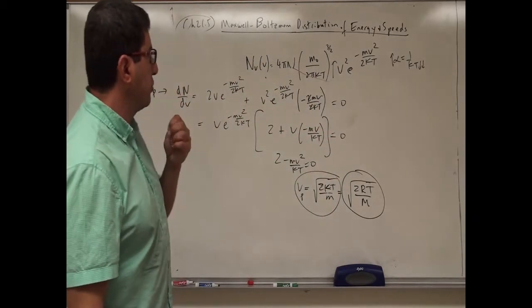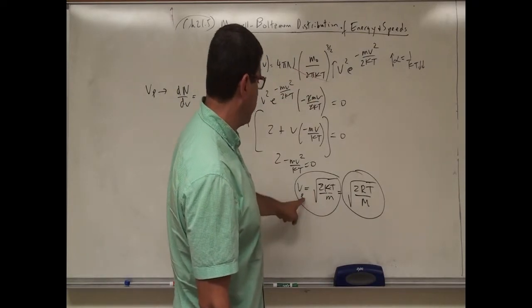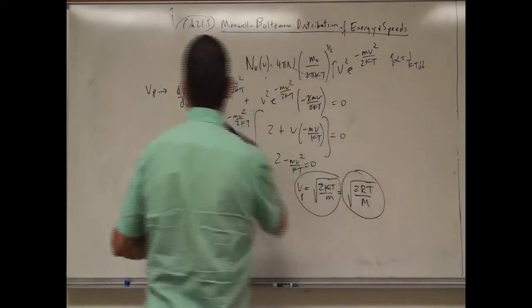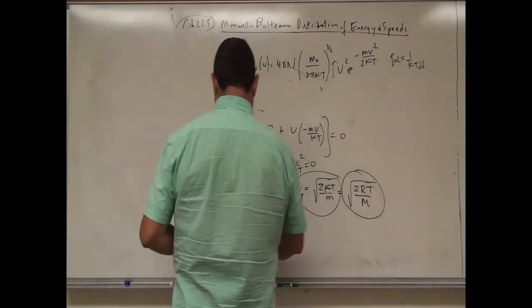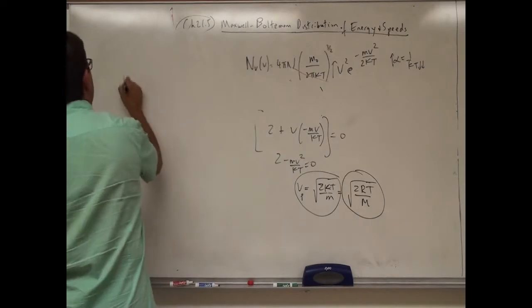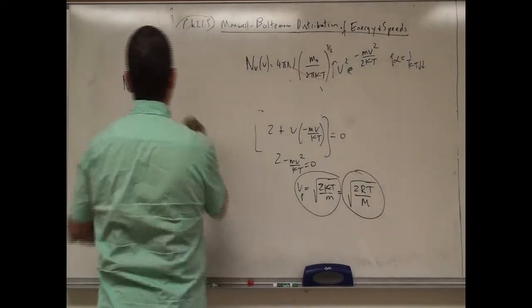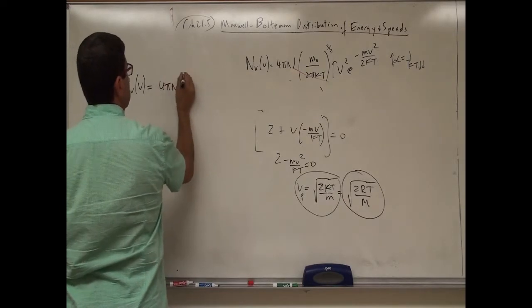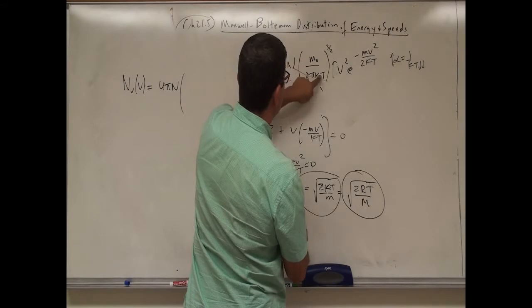A lot of times what they also do is they rewrite this so that it's in terms of Vp, right? So you can rewrite it this way. Then you have here N(v) dv, then you can say 4 pi n, you have m over 2kt, m over 2kt.